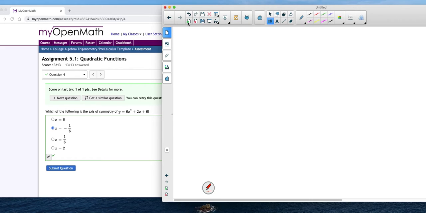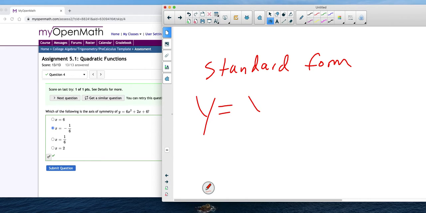So the axis of symmetry is found when you get the function to standard form, which should look like this: y equals a(x minus h) squared plus k.